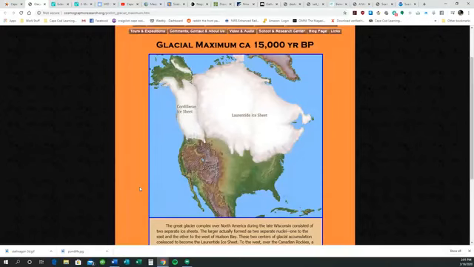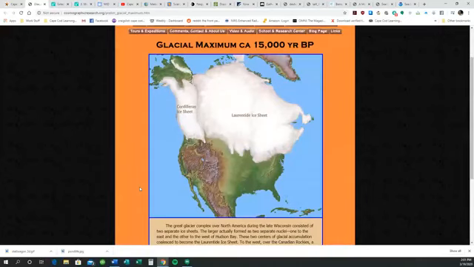Now we're all familiar with BC, before Common Era, and AD, after death, or before Christ and after death. BP is a new one that you're going to be introduced to, and that means before the present year. So the glacial maximum was about 15,000 years ago before right now.